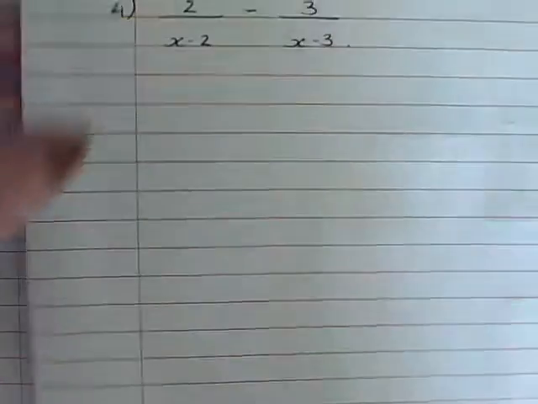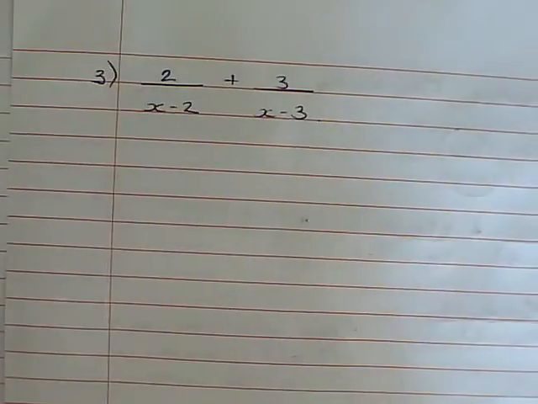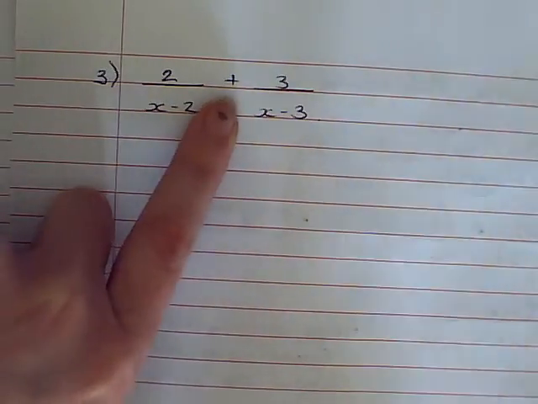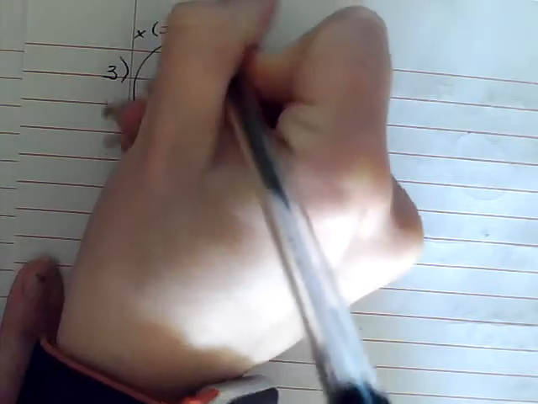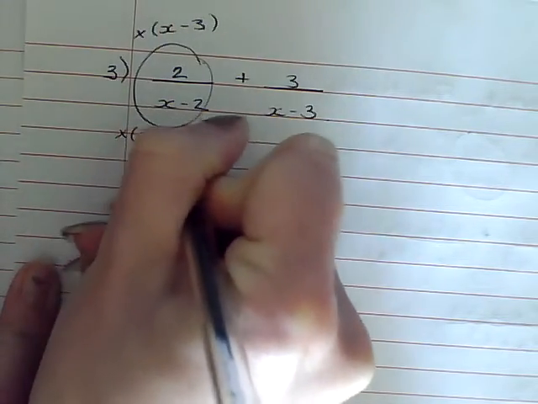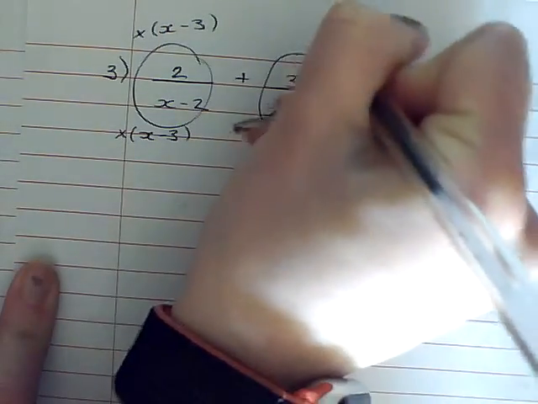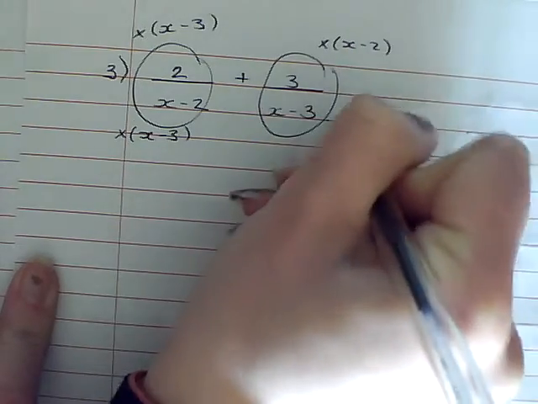Right, what happens when there's negatives on the bottom? So looking down here. So back to our addition, but these have negatives. Right, I'm going to times this by x minus 3 to get my denominators the same, and this by x minus 2.